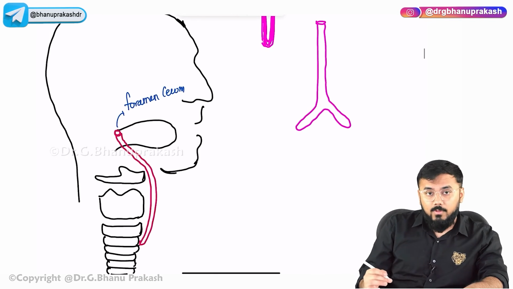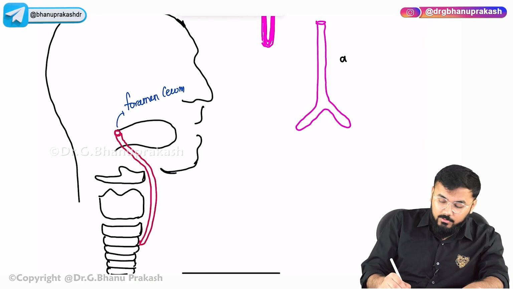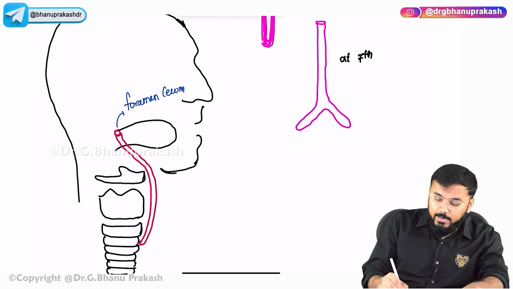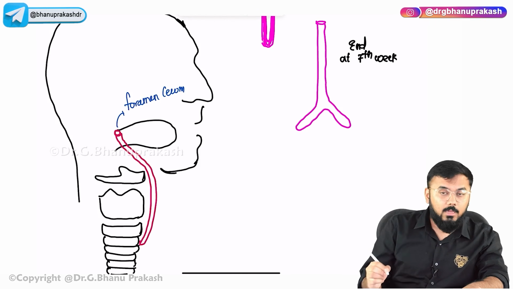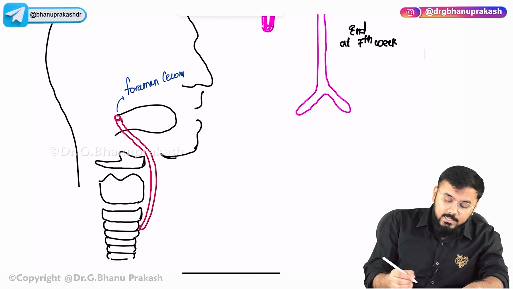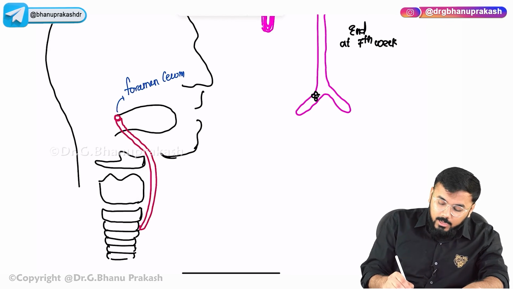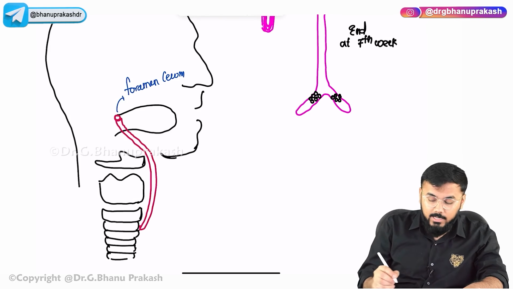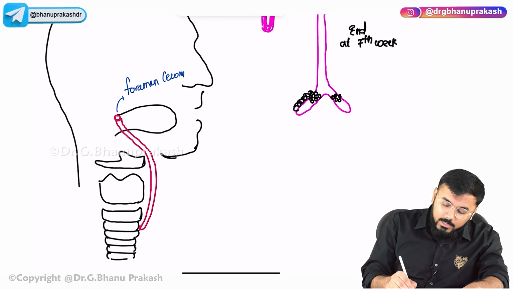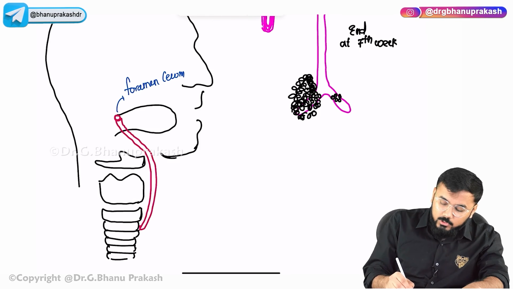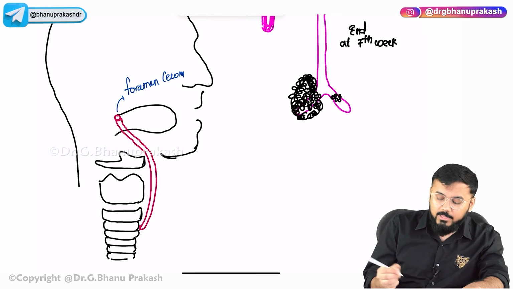At the end of the 7th week, the cells present over these bifurcated parts of the thyroglossal duct start to multiply. They multiply in this way and slowly form the right lobe of the thyroid.